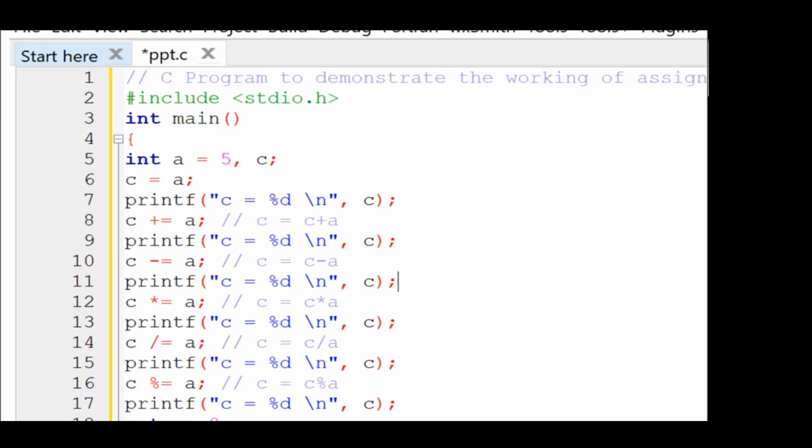Now, this illustration of a C code here is just for us to demonstrate the various assignment operators.